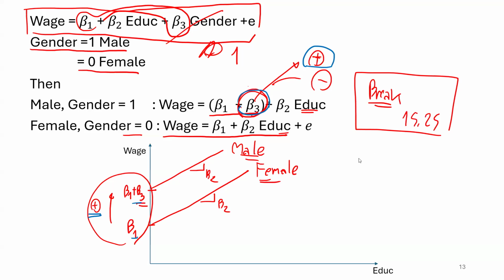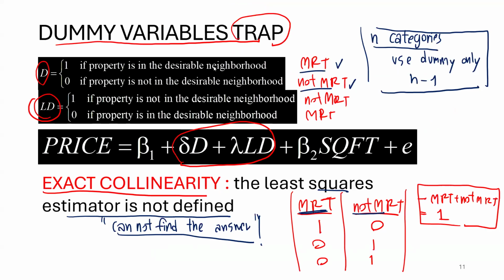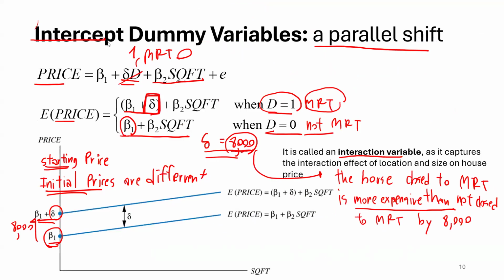Okay, so before we break, I introduced the intercept dummy variable. This means the parallel shift. How about if I would like to do another thing we call the slope dummy variable?